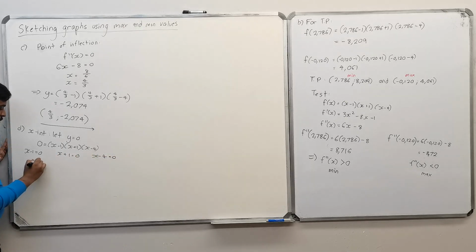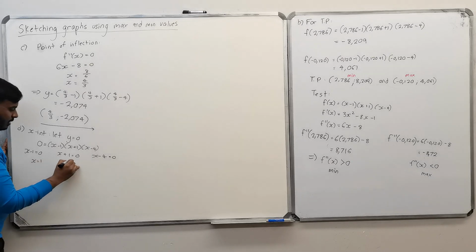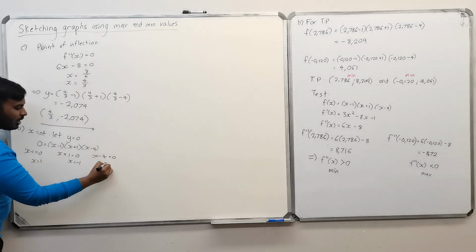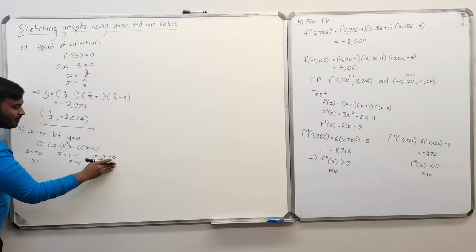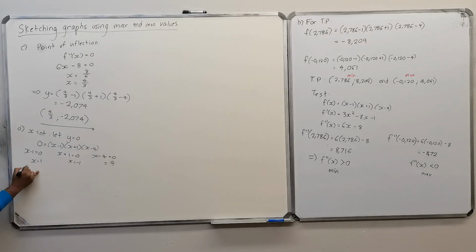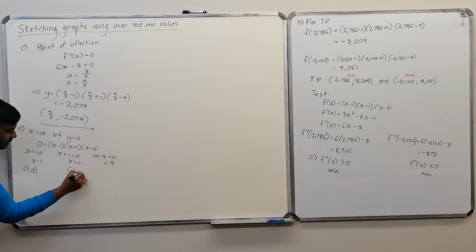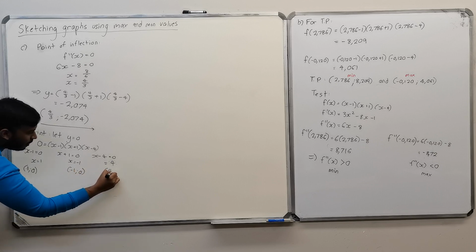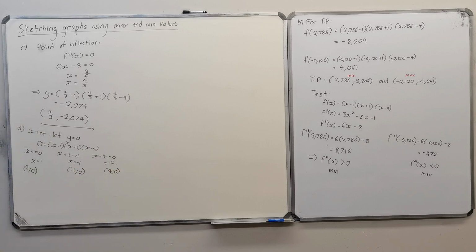So x is equal to 1, x is equal to minus 1, x is equal to 4. So our 3 points on the x-axis are 1 and 0, minus 1 and 0, 4 and 0. Fair? Okay. For your y-intercept, you let x equal to 0.